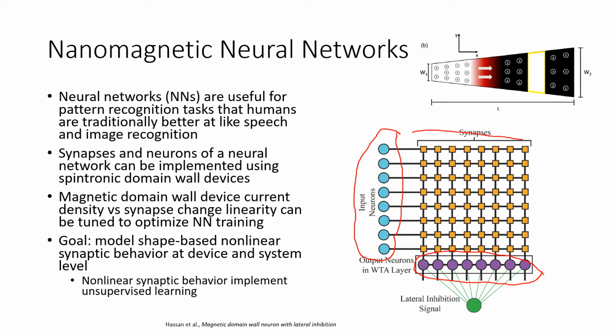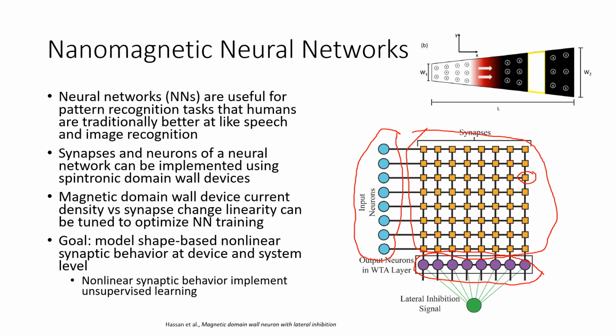Now the synapses in here are essentially a matrix of weights, and each particular synapse, each particular weight, implements some value between 0 and 1, you can think. Now, the particular synapse we're thinking of uses a spintronic domain wall device, and more on that later.